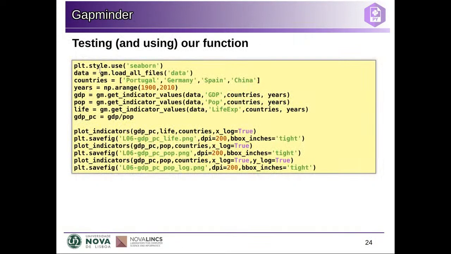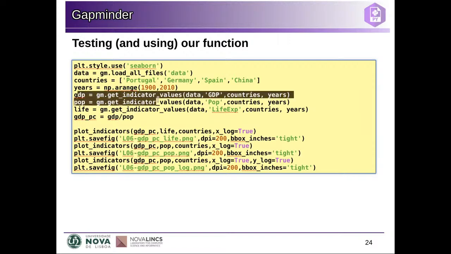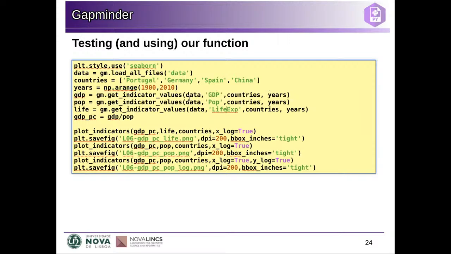Okay, so let's see how we can use this. We can load the data. Again, I'm using this Seaborn style just because I like it better. We select a list of countries, for example this array, a range of years, and we get the indicators GDP, population, and life expectancy. So we get these values as matrices which have each row corresponding to 1 year and each column corresponding to 1 country.